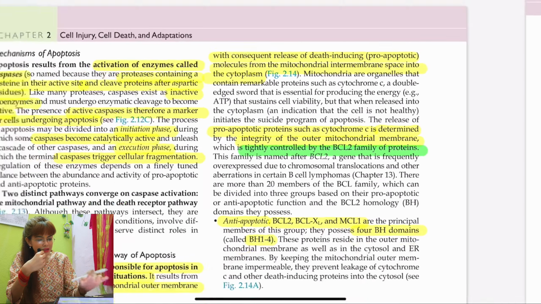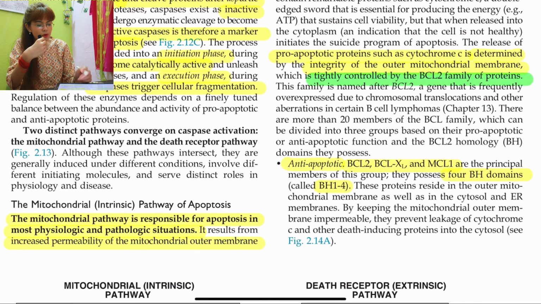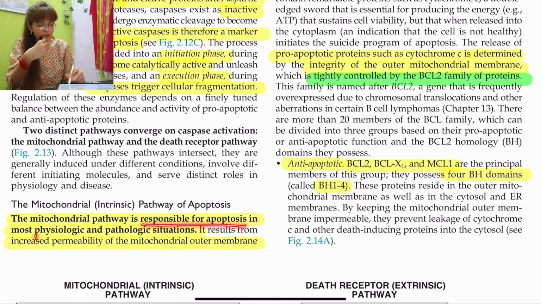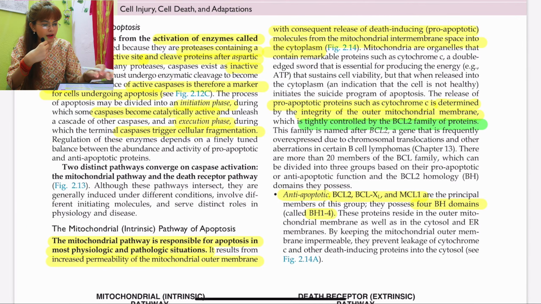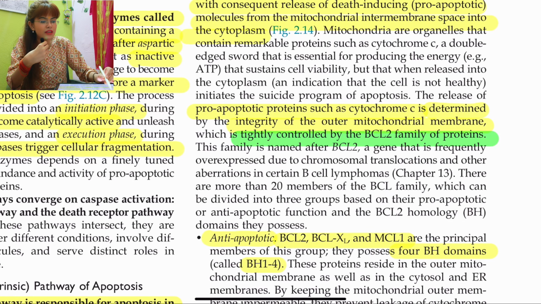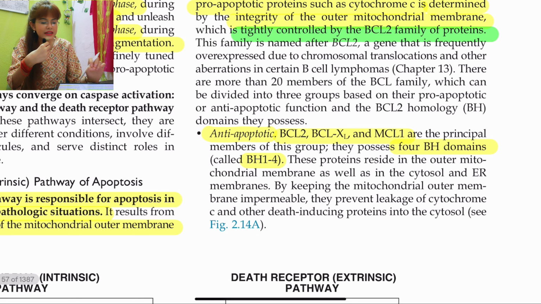Please understand that the mitochondrial pathway is responsible for the process in physiological and pathological conditions. There is increased permeability of the outer mitochondrial membrane with the release of these pro-apoptotic molecules from the mitochondrial intermembrane space into the cytoplasm. The release of these proteins, that is cytochrome C, ultimately will cause the apoptosis. I will talk about these in detail now.